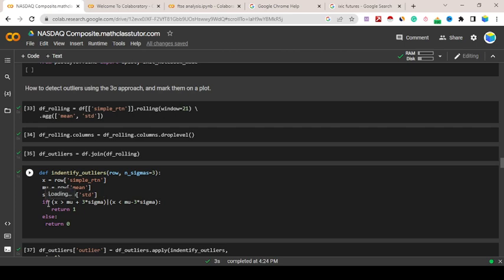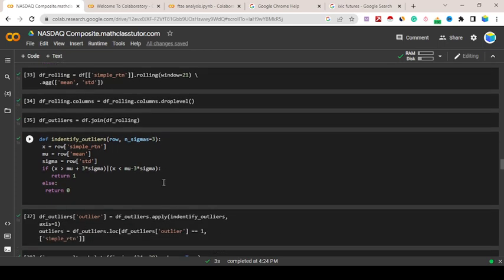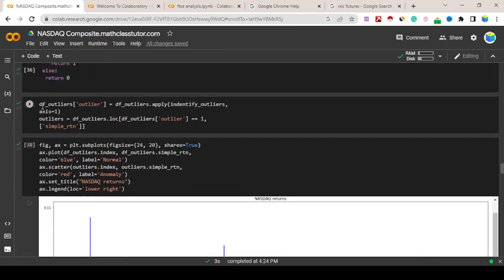Now I am applying here: if x is greater than mu, the mean, plus 3 times sigma, and also we use x is less than mu minus 3 sigma, 3 standard deviations, then return 1, and otherwise return 0. So we see the outliers. We can see the first outlier axis equal to 1 and outliers equal to the simple returns.